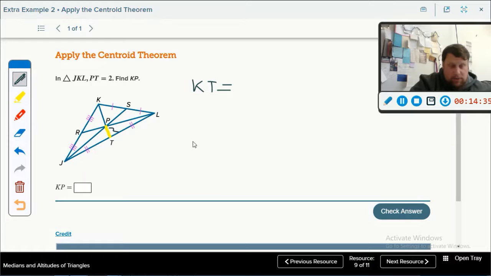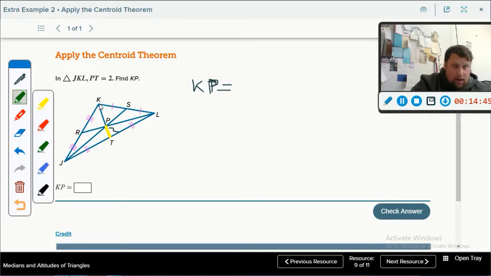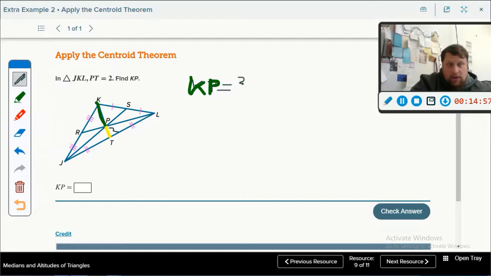is equal to, or I'm sorry, I know that KP, not KT, but KP, I know that KP, let me get a different color here. So green KP, so maybe I'll just do this in green. Is equal to what? Well, it's equal to 2/3 times KT, correct?